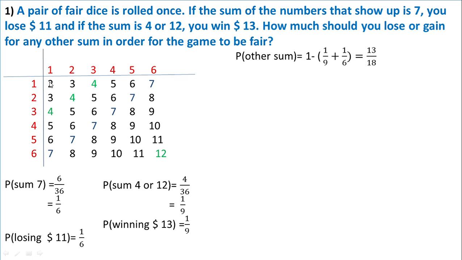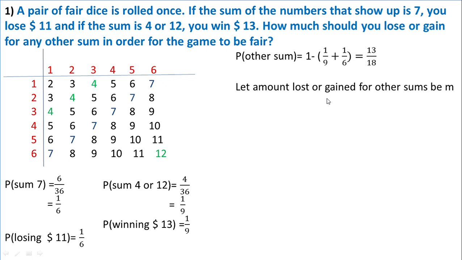We have 1, 2, 3, 4, 5, 6, 7, 8, 9, 10, 11, 12, 13, 14, 15, 16, 17, 18, 19, 20, 21, 22, 23, 24, 25, 26, 27. No, they are 26. So 26 out of 36 reduced by 2, you have 13 out of 18. That is the probability of other sums.